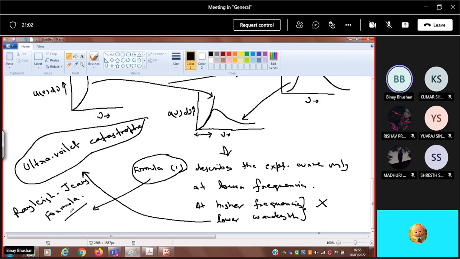What we have seen here is that Rayleigh-Jeans tried to replicate the experimental curve, but they were successful only in the lower frequency region, that means higher wavelength region. Their formula couldn't satisfy the experimental curve at lower wavelength. That's why this incident is known as ultraviolet catastrophe. So a very important question from your examination point of view: derive the Rayleigh-Jeans formula and explain ultraviolet catastrophe.